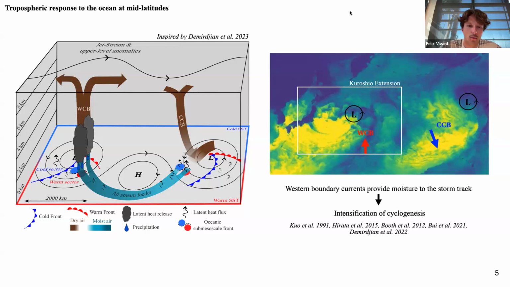Yeah, but to be honest, I don't have an answer directly, but it could be interesting to study. There is a paper which studied the moisture flux and the flux of energy between low pressure and high pressure at mid-latitude.